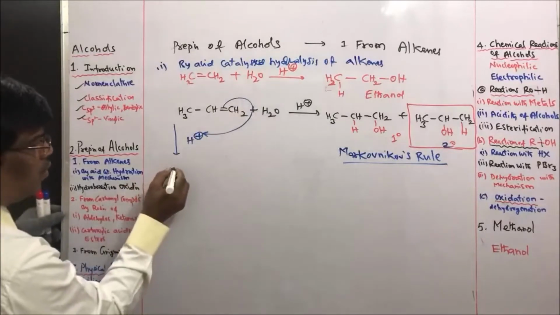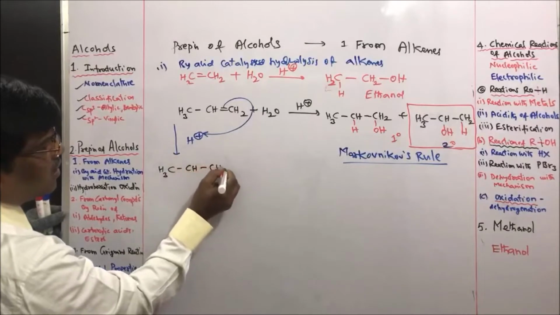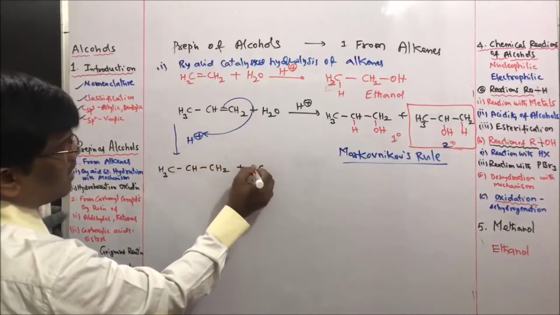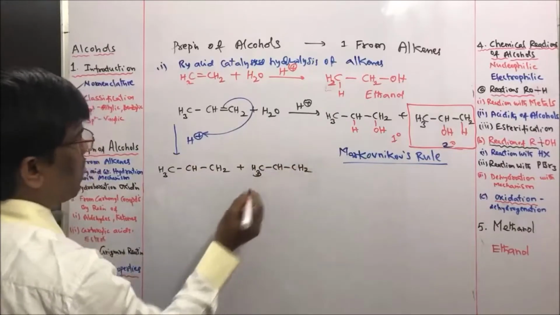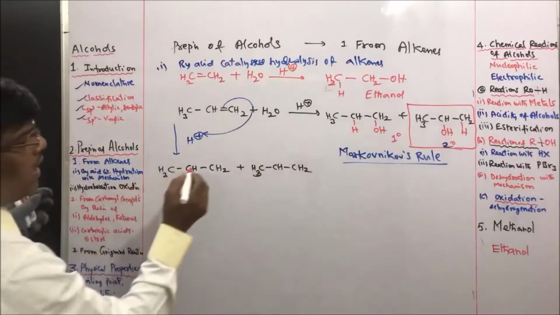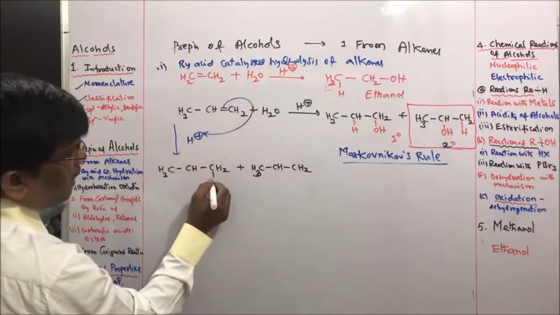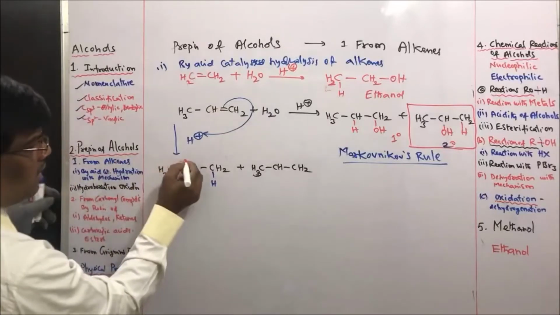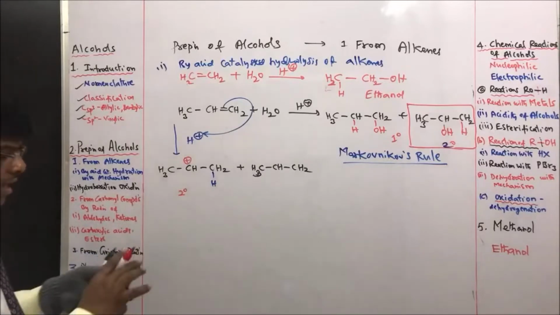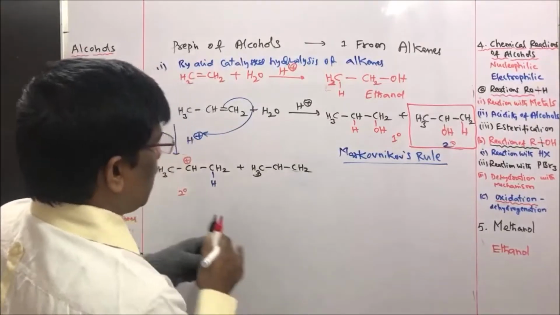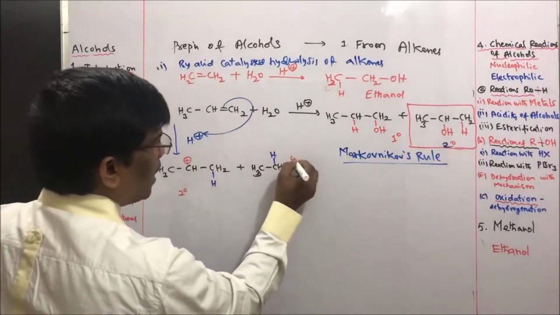Now we can expect two carbocations, CH3-CH+-CH3 and CH3-CH2-CH2+. If this hydrogen adds to here, we are going to get this carbocation, which is a secondary carbocation, and if this hydrogen adds to the other carbon, we are going to get a primary carbocation.